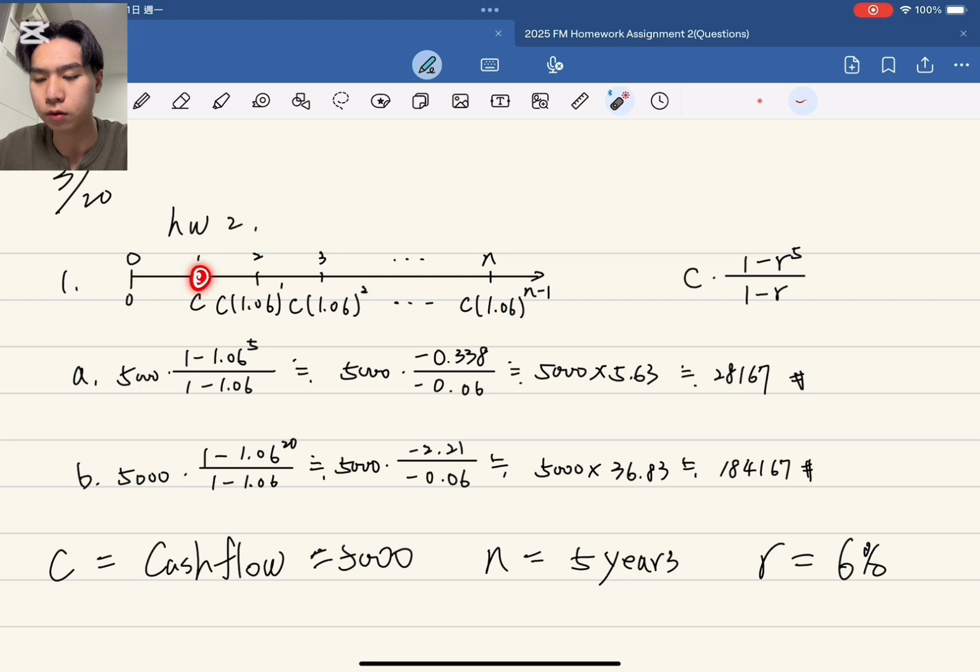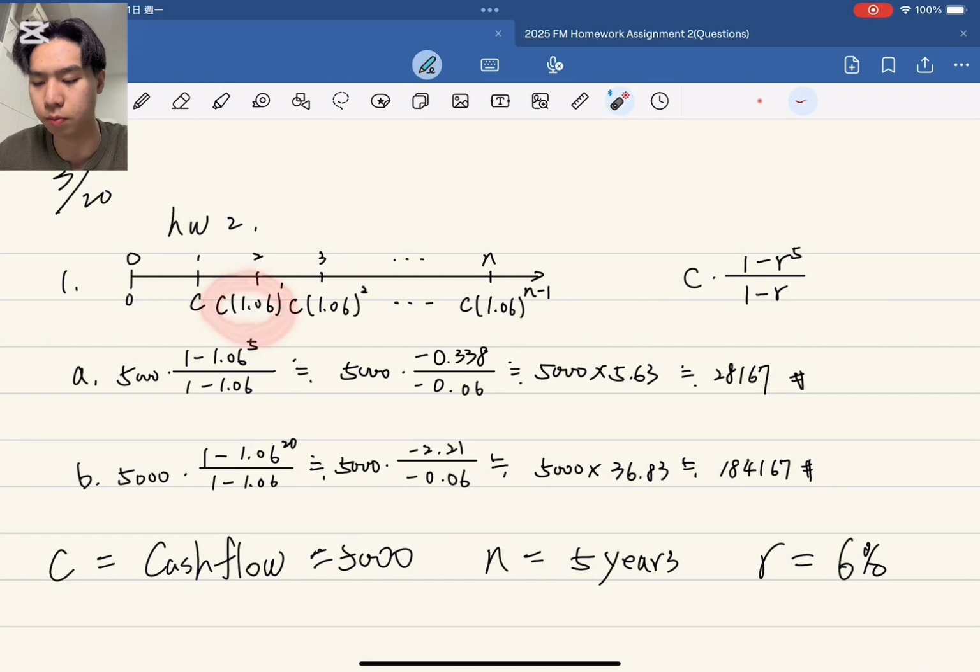And in the second year, our first cash flow will transform to C multiplied by the rate, that is 6%. So our first money at that time will become this.